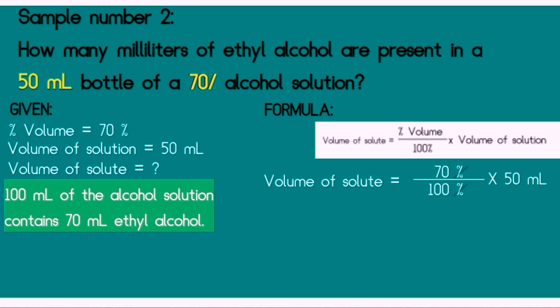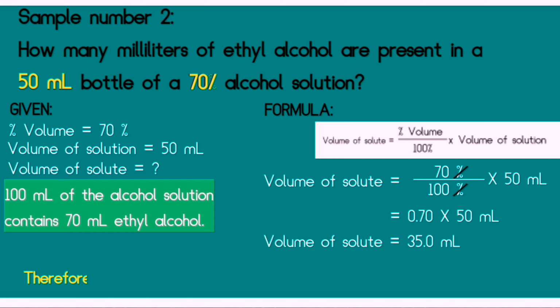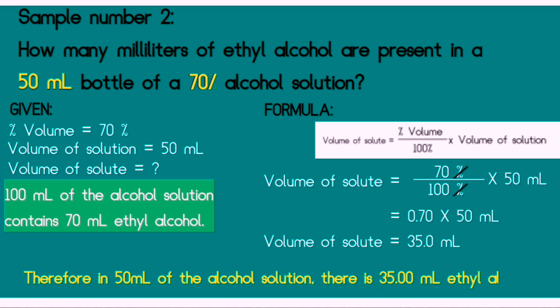Then cancel same units. So 70 divided by 100 equals 0.70. Multiply this to 50 ml, so the answer is 35.00 ml. Therefore, in 50 ml of alcohol solution, there is 35.00 ml ethyl alcohol.